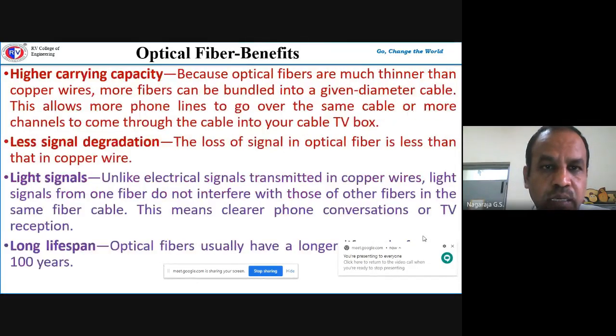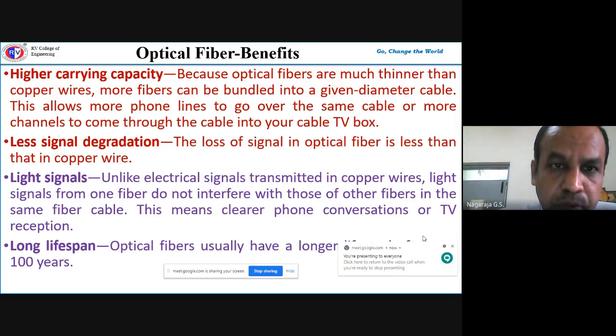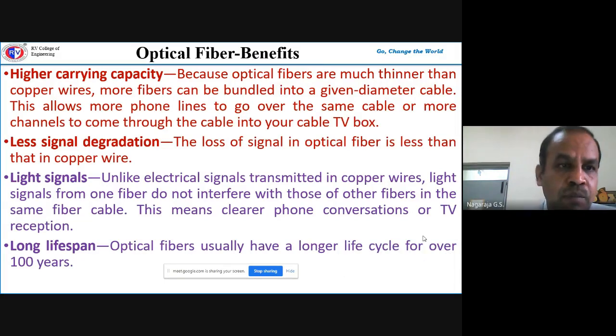I think I've covered the optical fiber benefits in the last class. I mentioned a few benefits of optical fiber, which include higher carrying capacity, less signal degradation, a long lifespan, and also light signal interference.